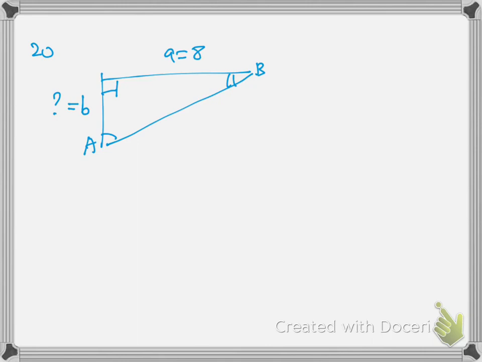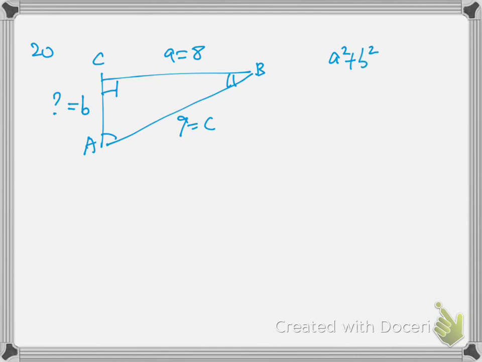Number 20, you are given a right triangle. This is angle B, angle A, this is side A, and this is C, the hypotenuse. We don't know side B, so first you find side B using the Pythagorean theorem.